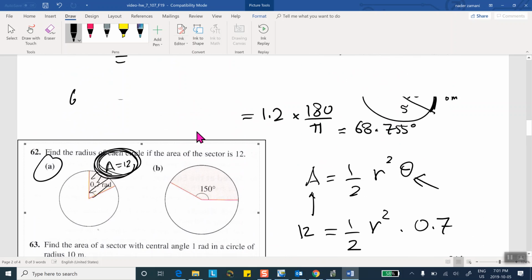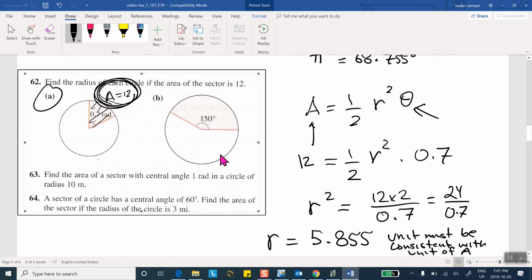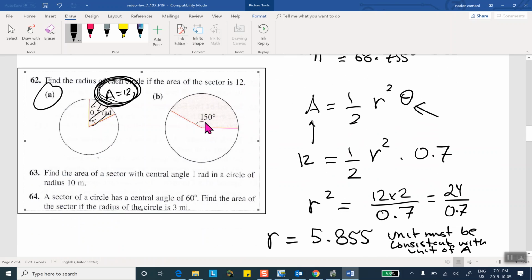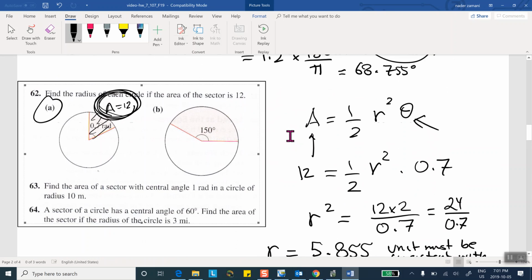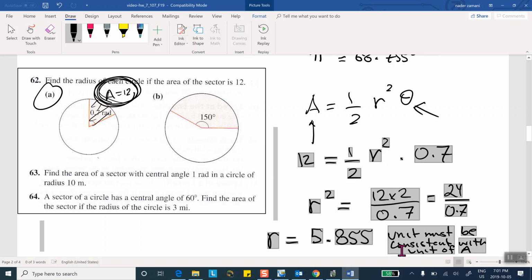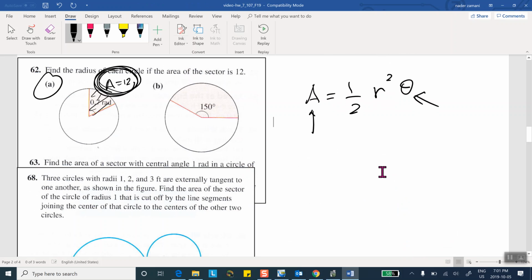Okay, let's repeat this for the other problem. The other problem is the angle is 150 degrees. We can use the same formula, except that we have to convert that 150 degrees to radians. So this is still 12 equals 1/2 R squared, but I have to take this theta and write it in radians.